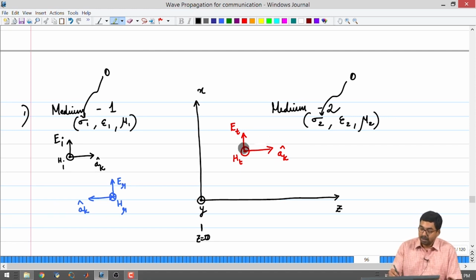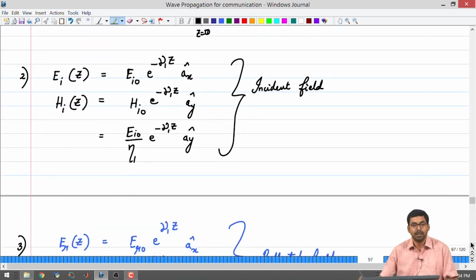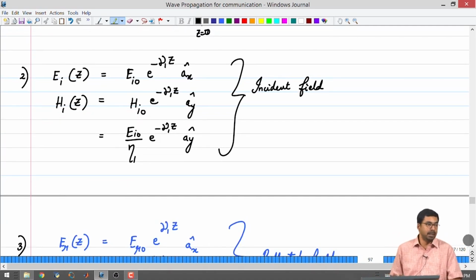For the transmitted wave, the assumption was that there is no change in polarization, and then we calculated the reflection and transmission coefficients. We found that it looked exactly the same as what we got in transmission lines, except that in transmission lines we did not calculate the transmission coefficient, we calculated only the reflection coefficient.